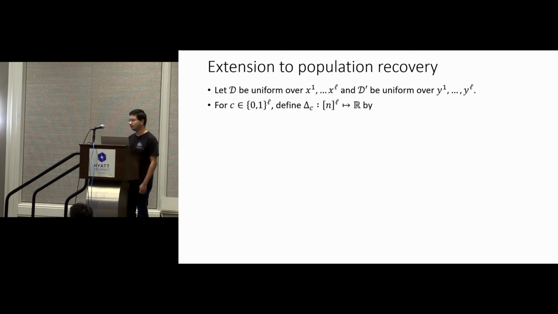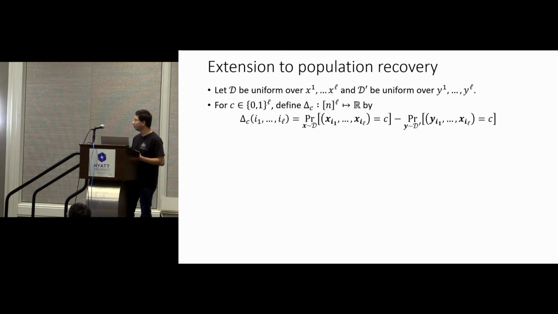For a fixed string C of length L, we consider this function, which is defined on all sets of size L. It basically looks at, if I sample a random string from my first distribution D and project it onto some L coordinates, what is the probability that this string is C, compared with the probability that if I take a random string from the second distribution and project it onto the same coordinates, that is also C.